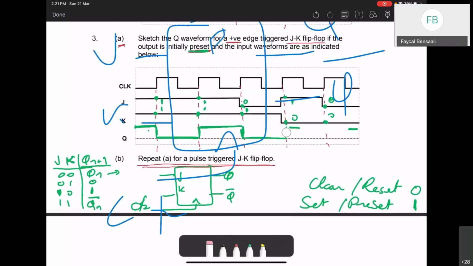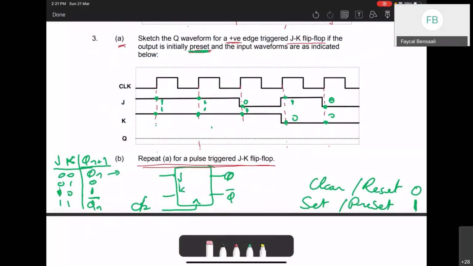So this means this will change. Now we say a pulse triggered JK flip-flop. What does it mean, pulse triggered?